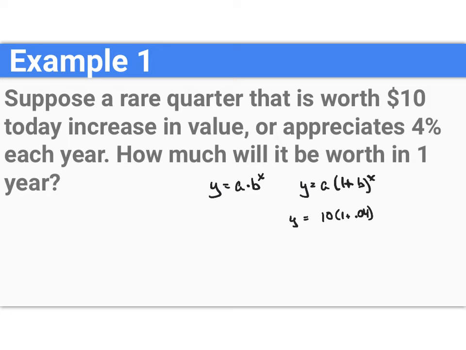That is the interest, but it's going up. So imagine taking 100% of your item and then increasing it by the 4%. That's why we had to do 1 plus 0.04, and it was only for 1 year. So we have 10 times 1.04, which is 10.40. After a year, your coin will be worth $10.40.